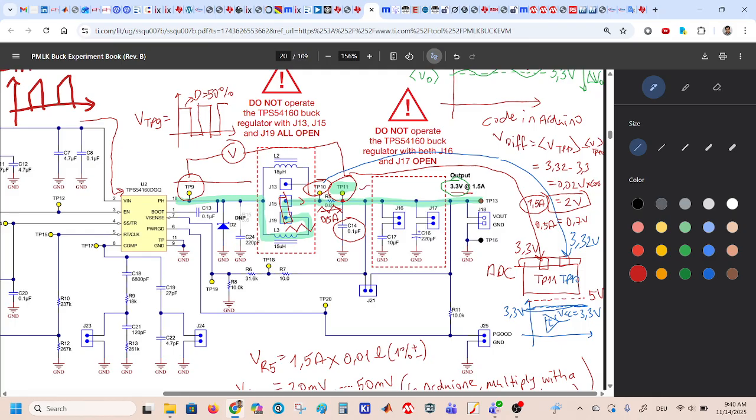Now the output voltage here would look like a sine wave, and this cap will take the AC portion of this current, and the rest would be a constant DC current.